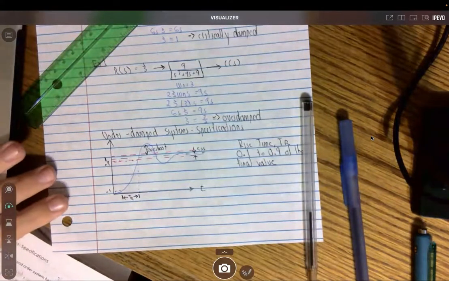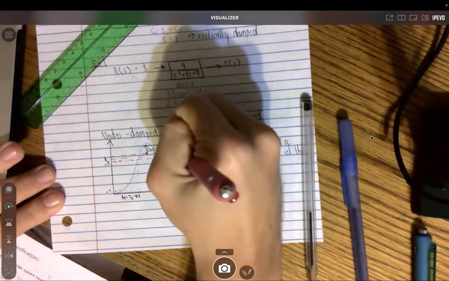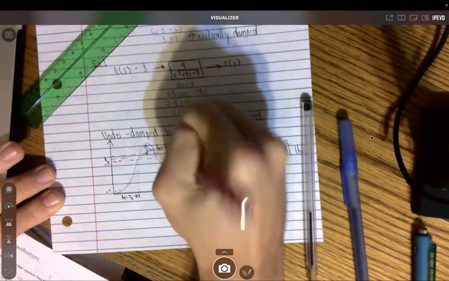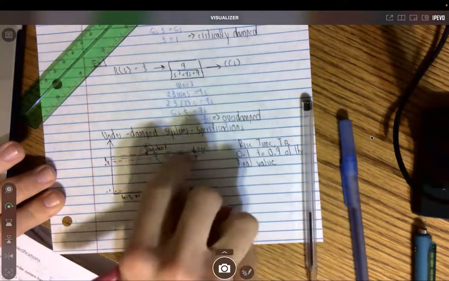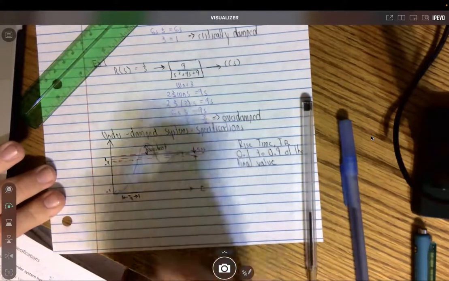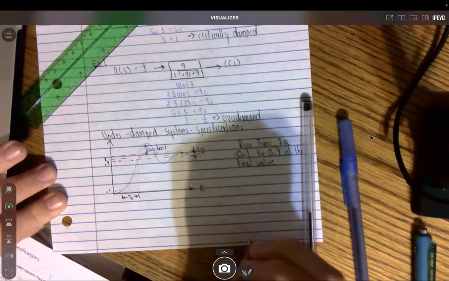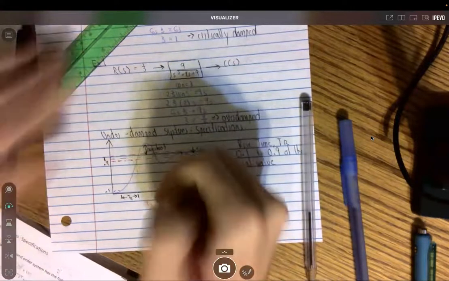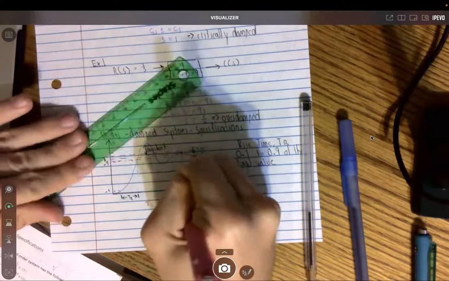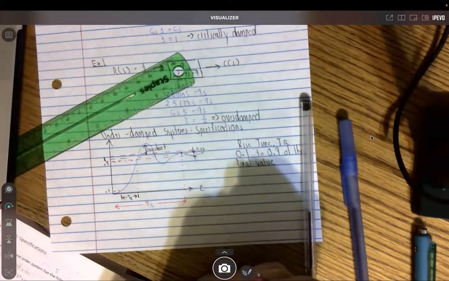And so for the settling time, when it starts to be within that, we're going to notice that here it no longer escapes. It stays within 2% after this specific threshold. And so that is known as our settling time. It's the time in order to stay within 2% of the final value. And so that's the settling time.